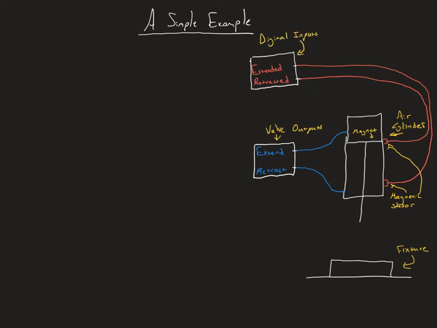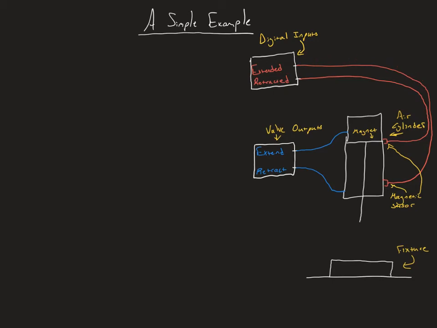So now, when our valve outputs command our cylinder to extend because of pressurized air, this will extend the rod, and this bottom piece of the rod will travel with the rod, and it has a magnet on the back end of the rod which will come into line with this particular magnetic sensor, which is connected to the extended input.